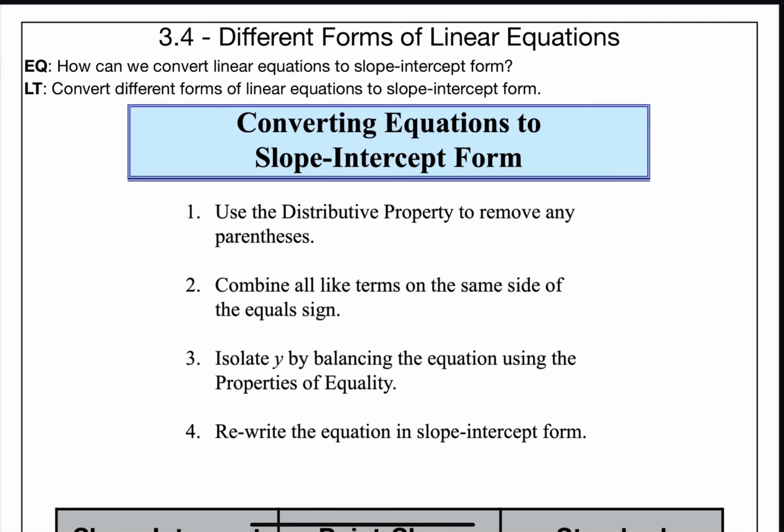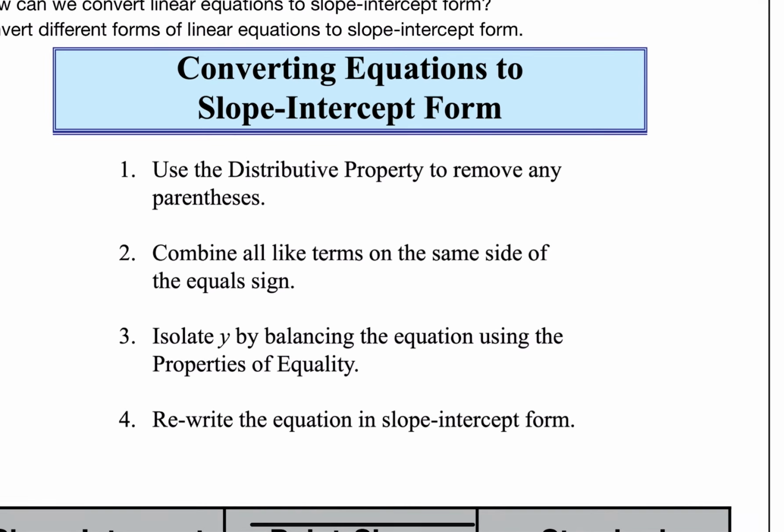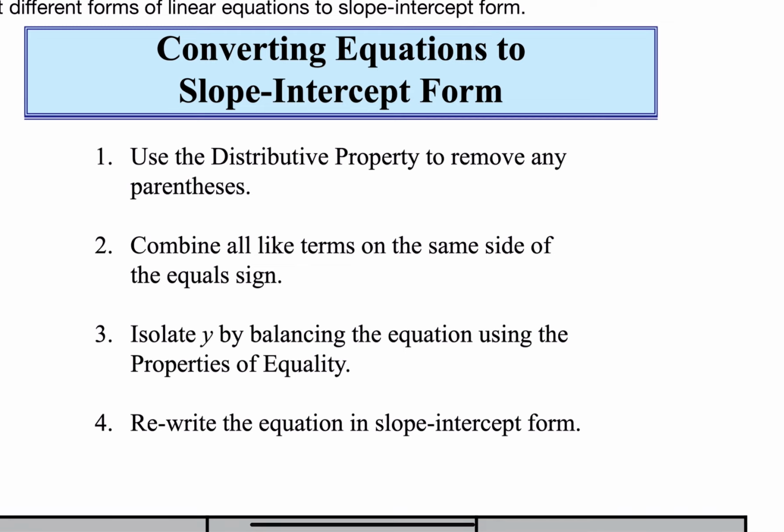There's a couple steps to do this. The first step is use the distributive property to remove any parentheses that there might be. Then we'll combine all the like terms on the same side of the equal sign. Hopefully these steps are sounding somewhat familiar. We've had to do similar types of steps when working with other problems earlier this school year.